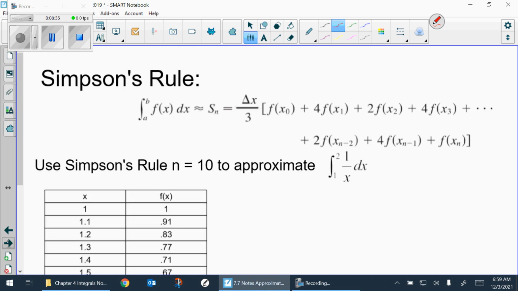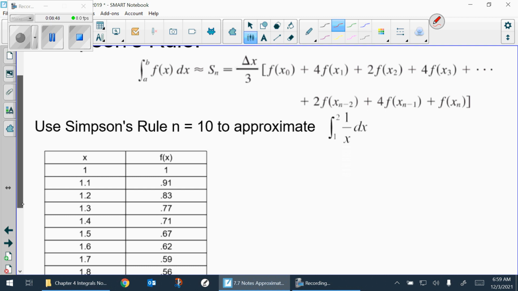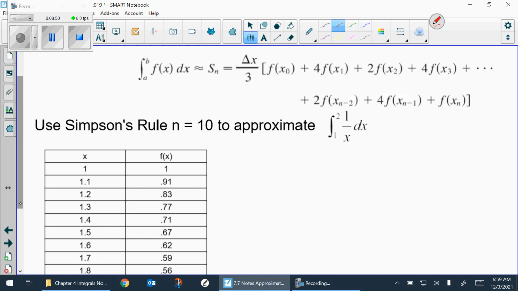Then there's something called Simpson's, and I've talked about this more in the past, and I'm not going to talk about it as much today. It's just not an AP topic. It is a very accurate way of finding the area under the curve, because instead of rectangles, instead of trapezoids, it puts little pieces of parabolas at the top of each one of these regions.